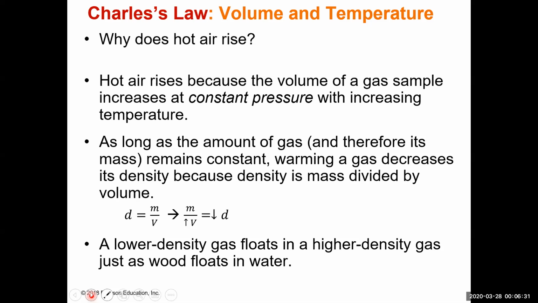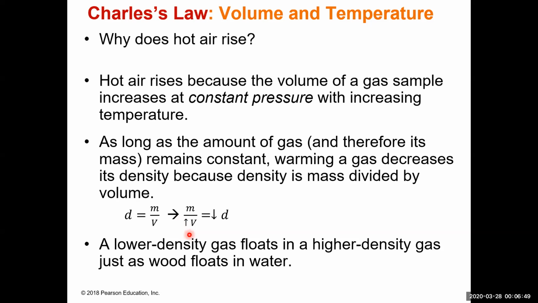So as we are warming a gas, so increasing the temperature, we said that with increasing temperature, the volume of a gas also increases.